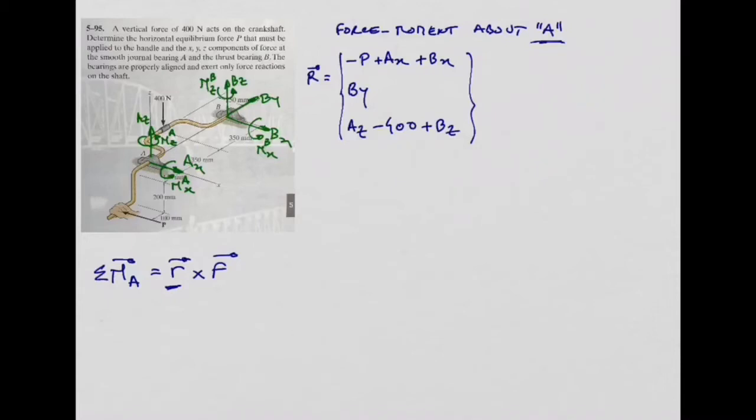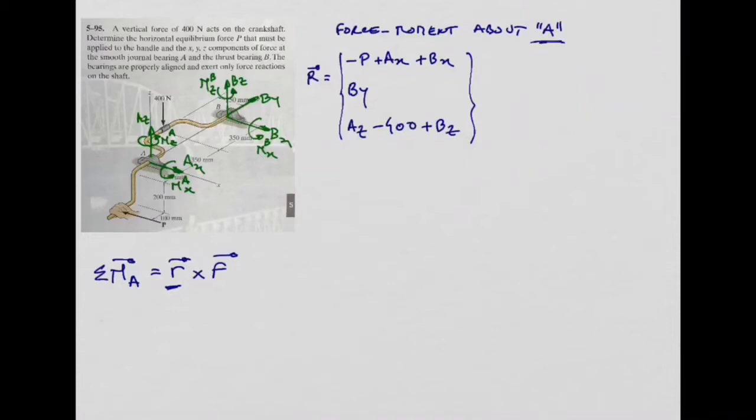So let's start with AX and AZ, these two reactions at point A. Do you think these two forces produce any moment about A? No. What about MAX, the reaction moment about the x-axis? Does it produce any?